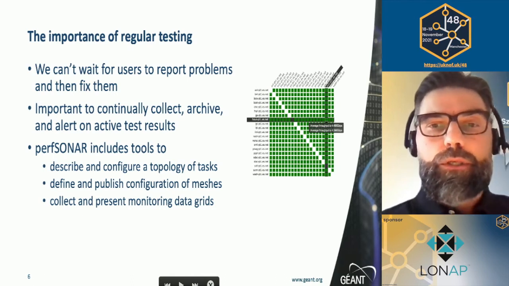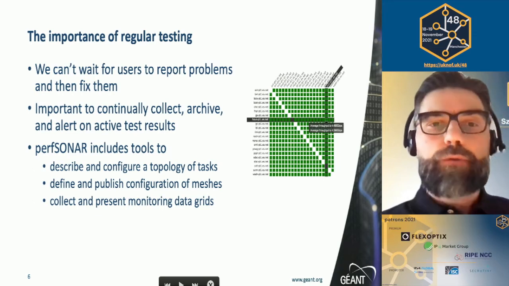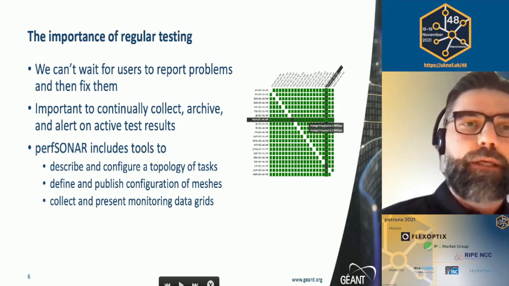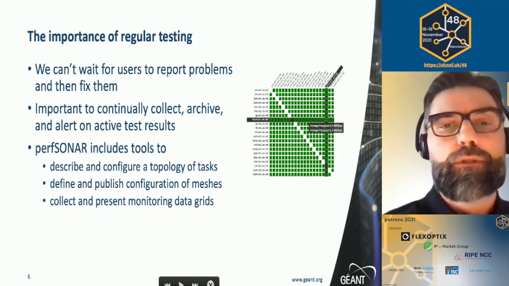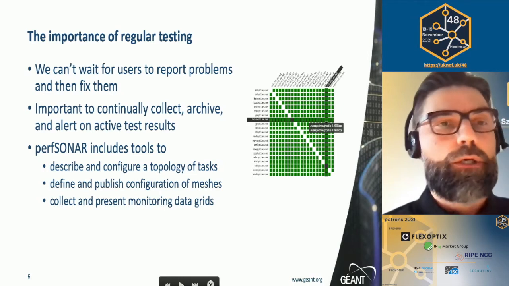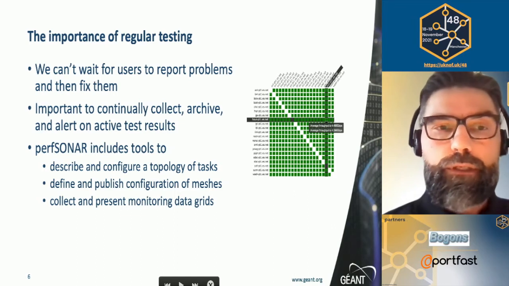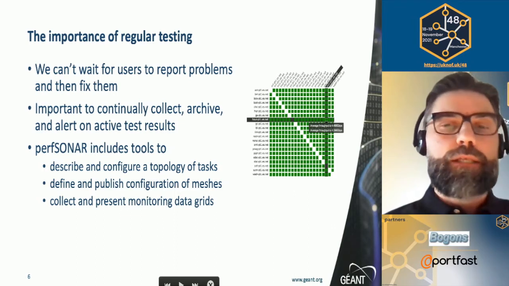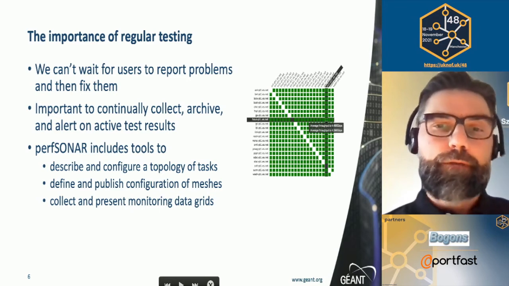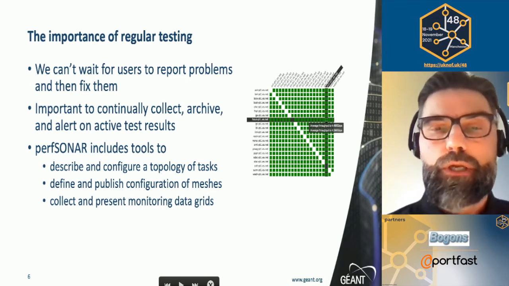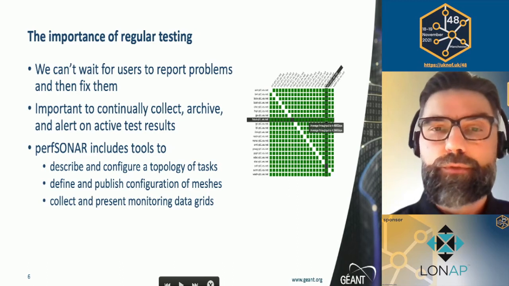So the architecture allows you not only to collect the data with the network measurements run by the instances, but also to archive them with several types of archiving, and also to nicely visualize them in a kind of grid. You have an example here where you have different hosts in your mesh and a grid of test results.